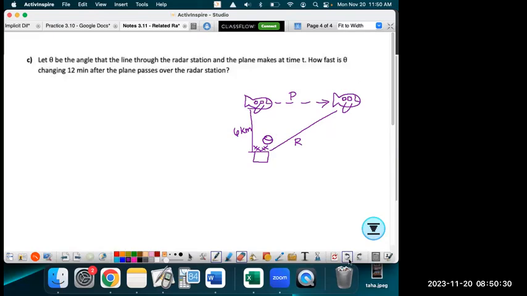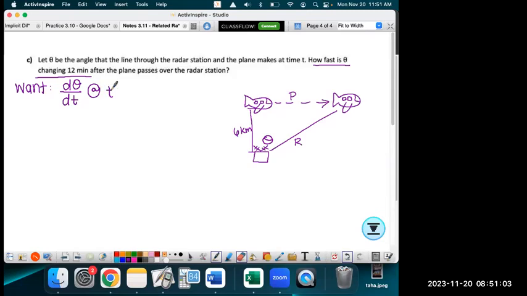Okay. How fast is theta changing? So we want the rate that theta is changing. We want d theta dt at 12 minutes after the plane passes over the radar station. So remember, we're working with hours, kilometers per hour. We're going to convert that 12 minutes into hours.